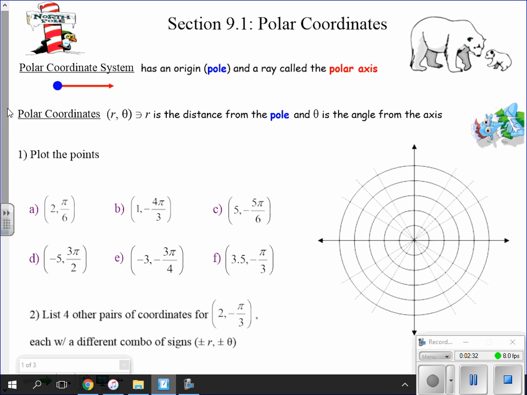The blip that shows up is the distance away from the center. That's the r. And the angle off of the axis is the direction. Angle and distance, direction and distance. That's why the screens all look like this, because they're using polar coordinates. Okay, so let's plot a few points here.